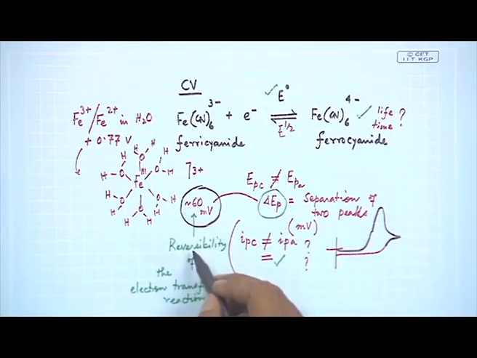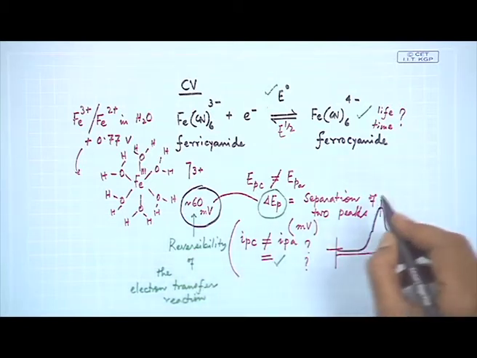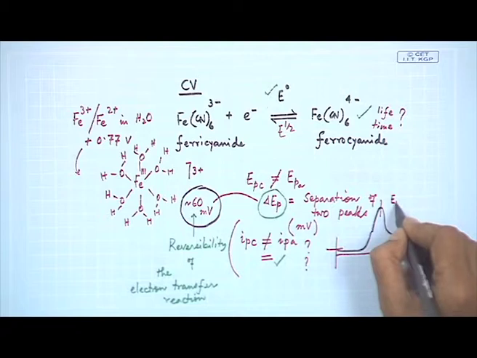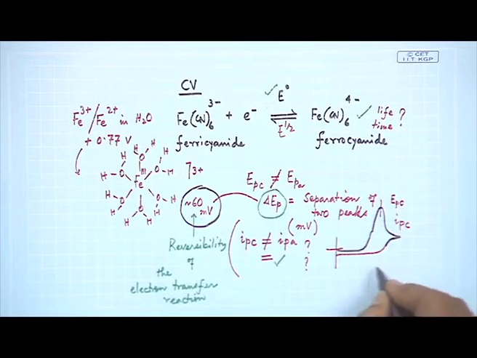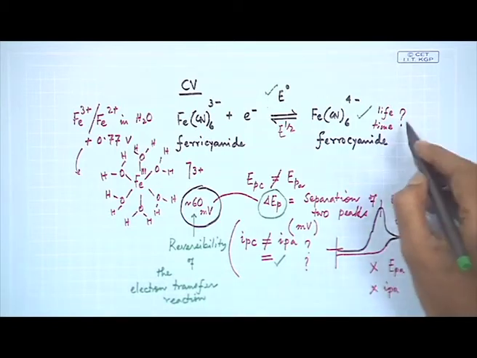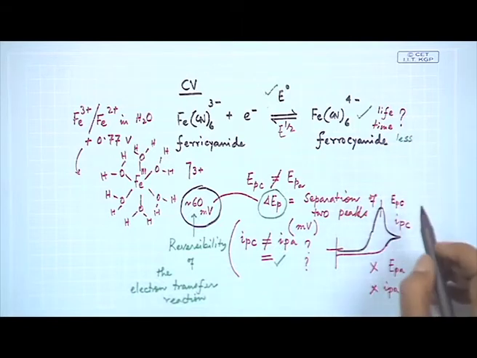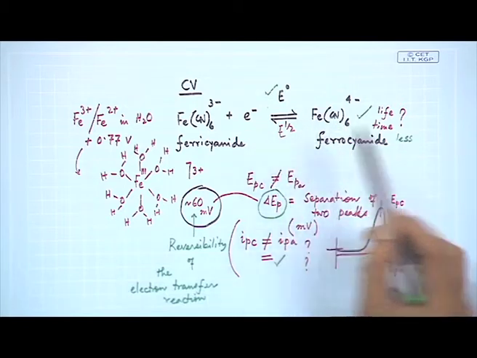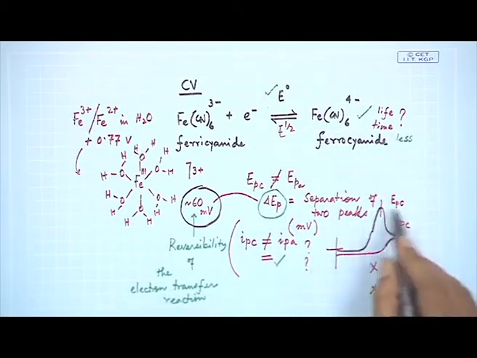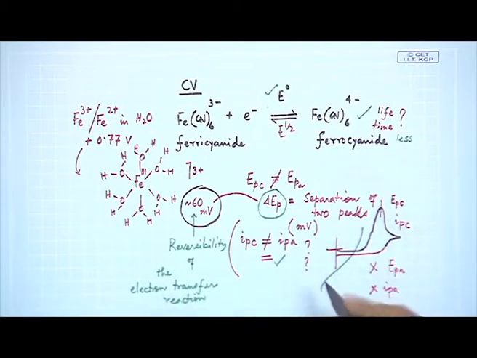Here we get only the cathodic peak EPC and the corresponding current IPC, but on the other side EPA and IPA are not available, because on the reverse scan we do not get the peak, as the lifetime is negligible. Immediately whatever is formed is either decomposing or going away from the electrode surface. So, this is the typical example of an irreversible process.